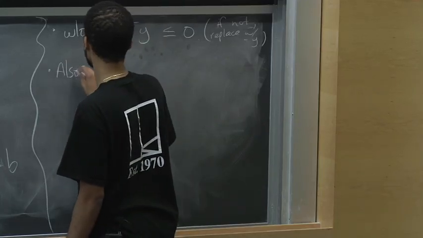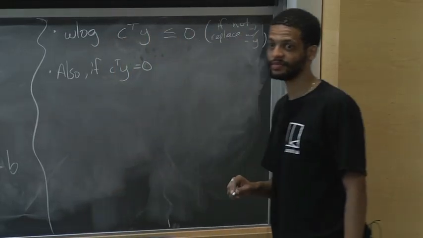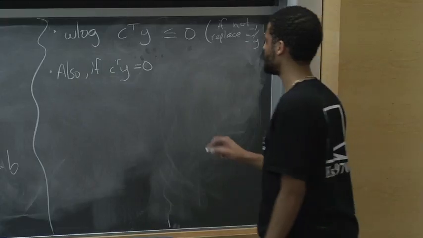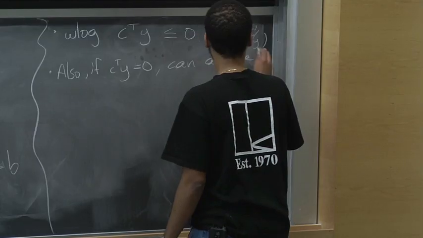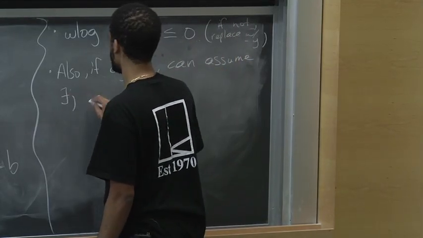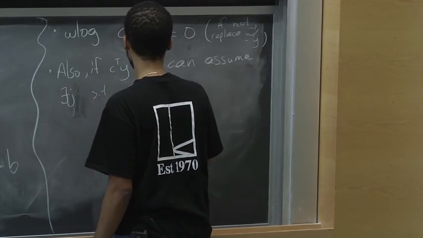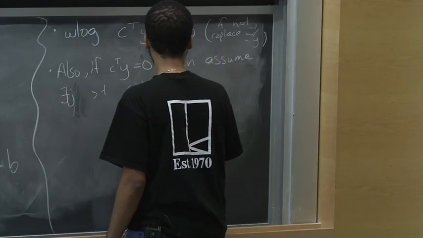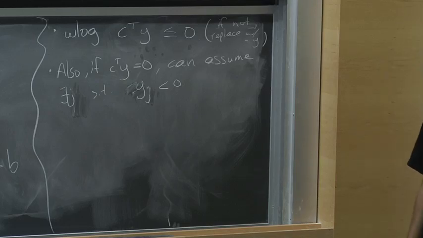Also, if C transpose Y actually equals 0, we can assume that there is an index j such that Yj is strictly negative, for the same reason.